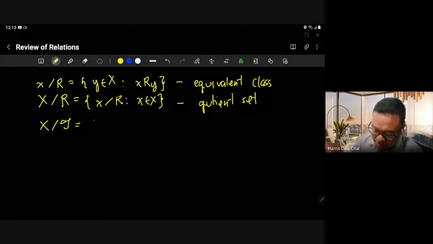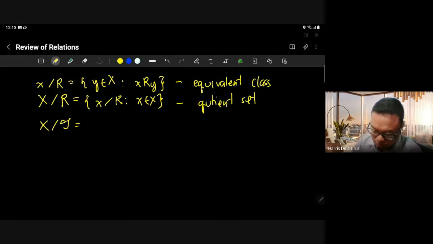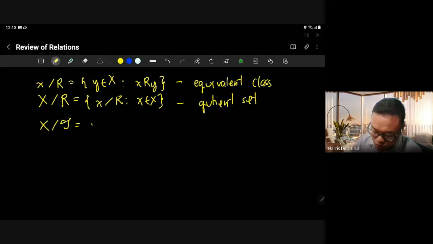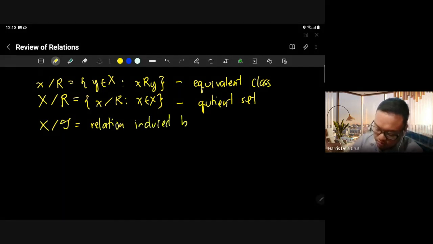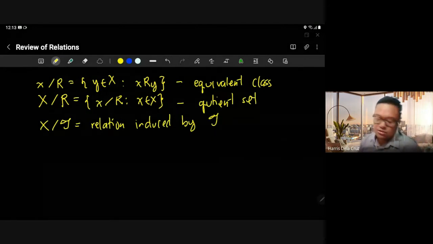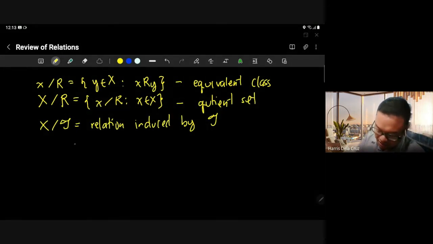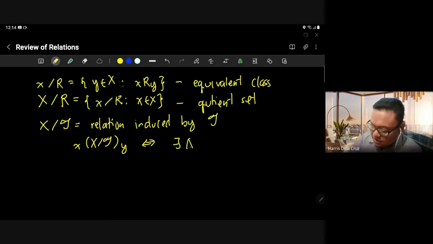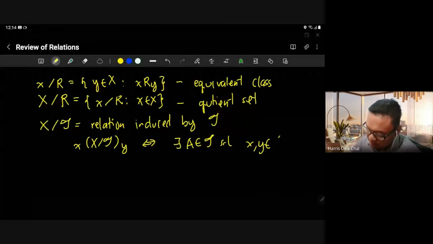This is the relation induced by T. So, in this relation, X is related to Y if and only if there exists a set in the partition such that X and Y belong to the same set.